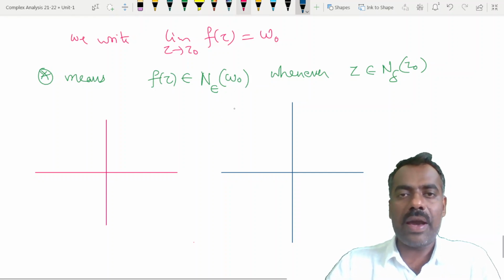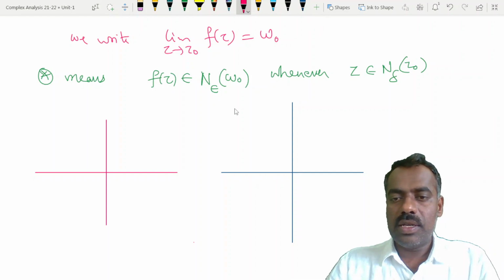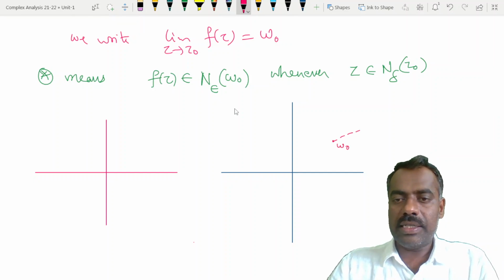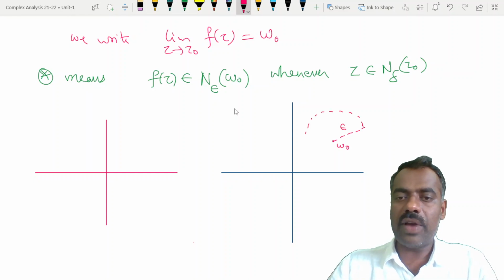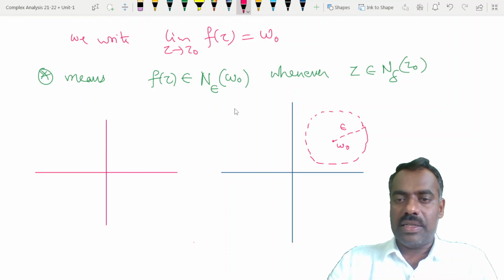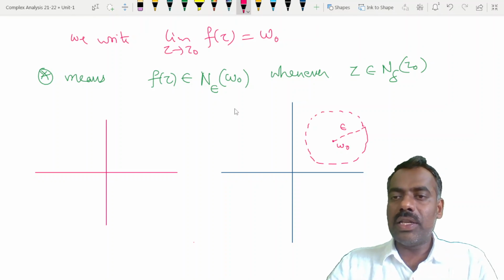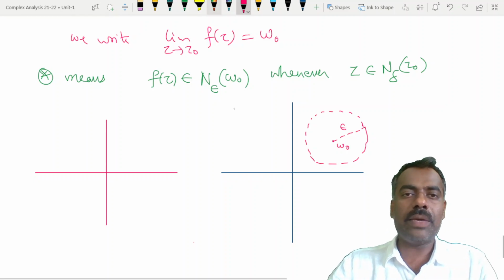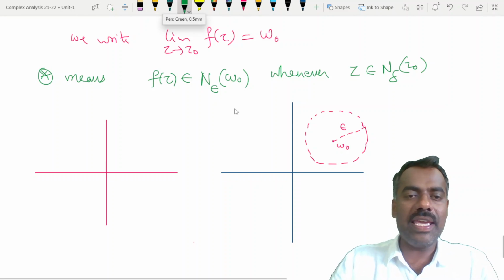So you have W naught here, and that distance is epsilon. Then we should be able to find some delta here.